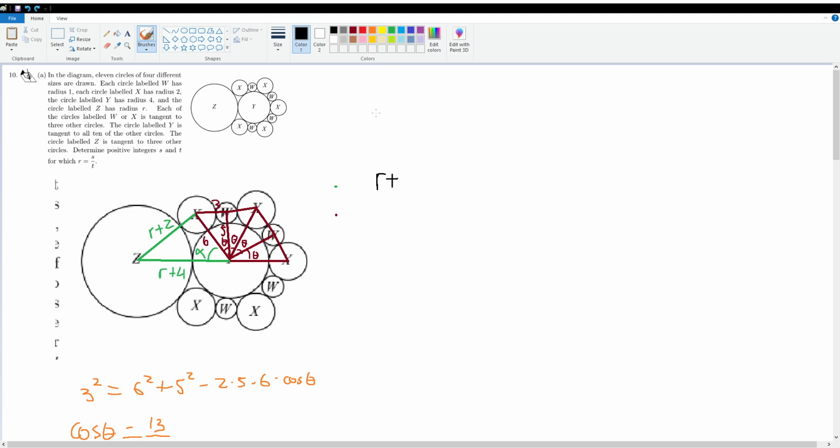R plus 2 squared would equal R plus 4 squared plus 6 squared minus 2 times 6 times R plus 4 times cosine of alpha.